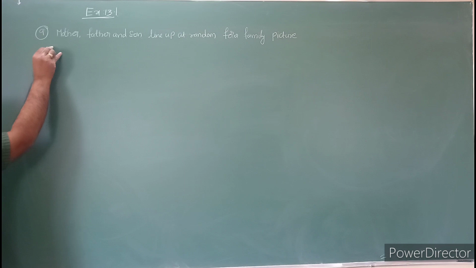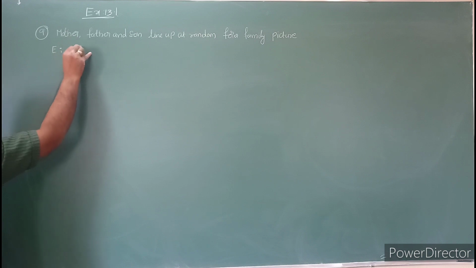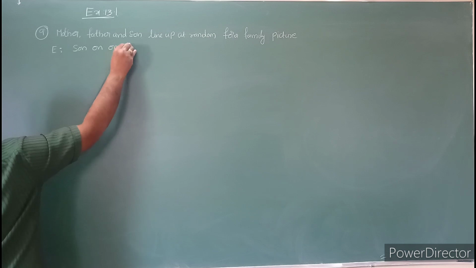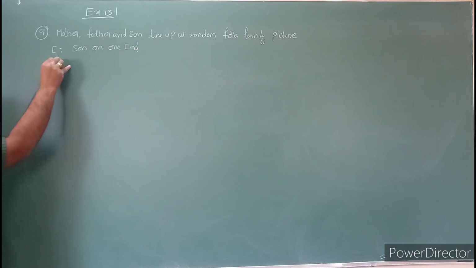So what is the event E? E is son on one end, and F. What is F?